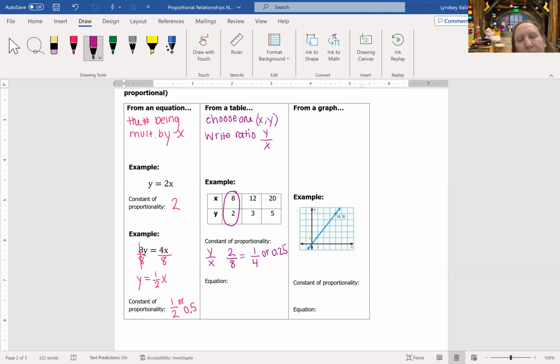If it's a nice decimal, you could always do the decimal. If not, probably just want to leave it in fraction form. In this case, we know the equation is y equals kx. That constant of proportionality just gets multiplied by the x. So for this, it would be y equals 1/4 x, or y equals 0.25x.